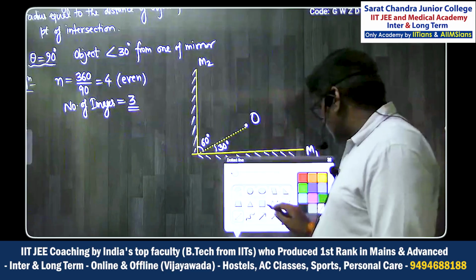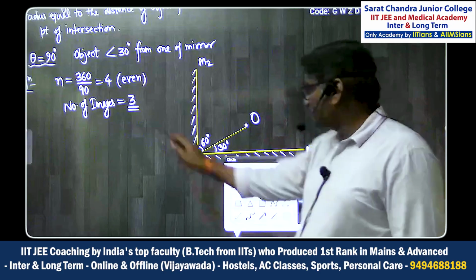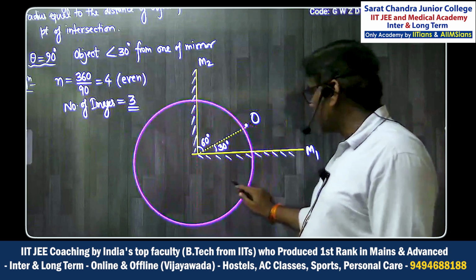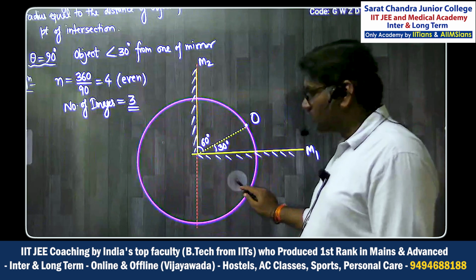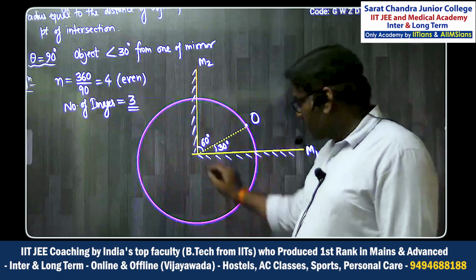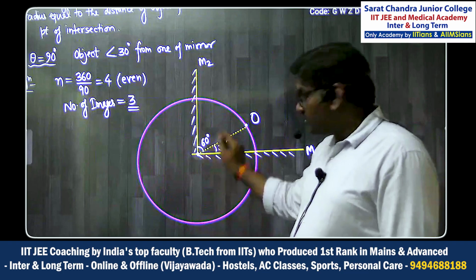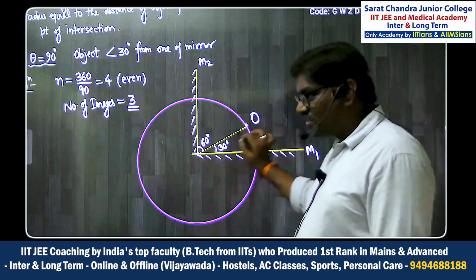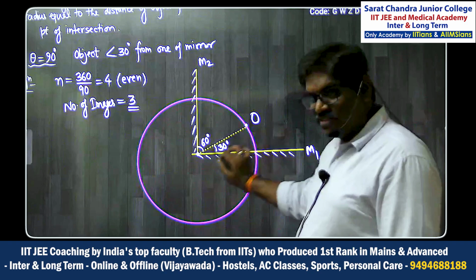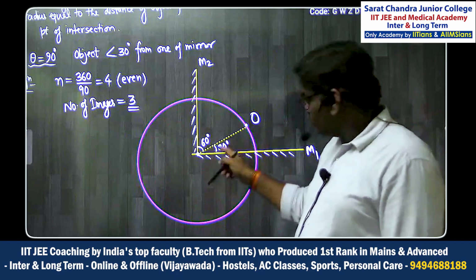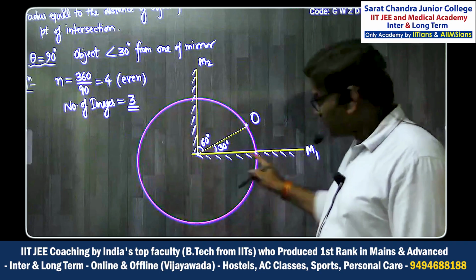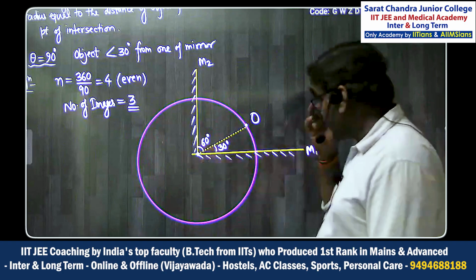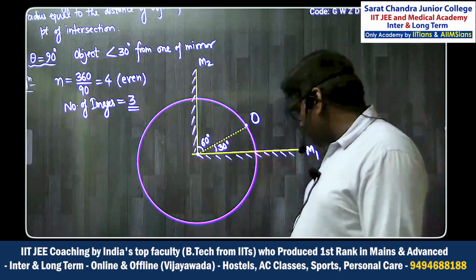You draw a circle such that its center will be the intersection. A circle of radius equal to the distance of the object from the point of intersection. So what is the radius of this circle? This distance. Understood? After that you have to draw the images.